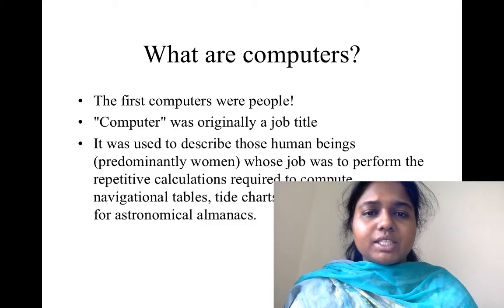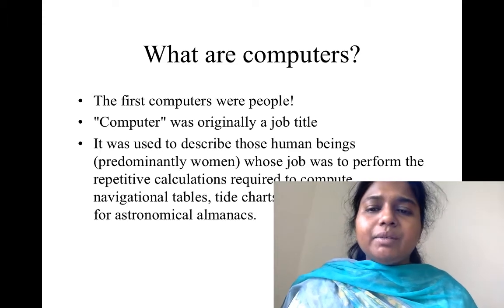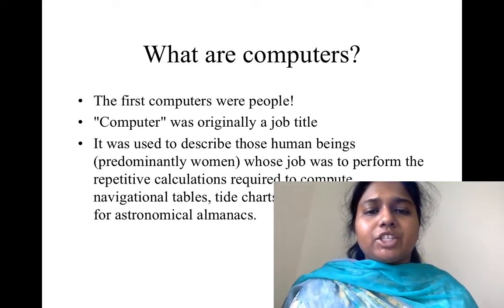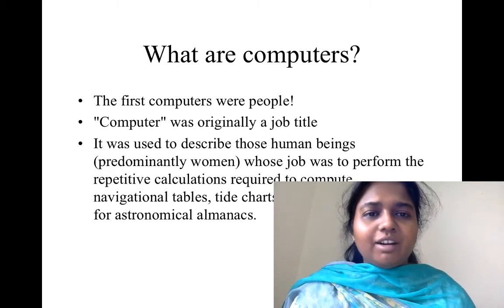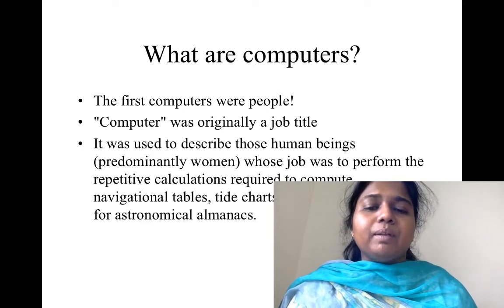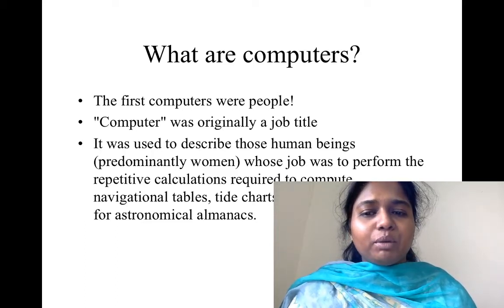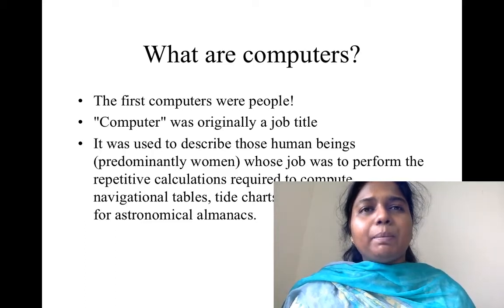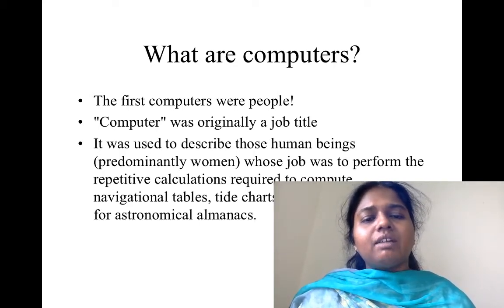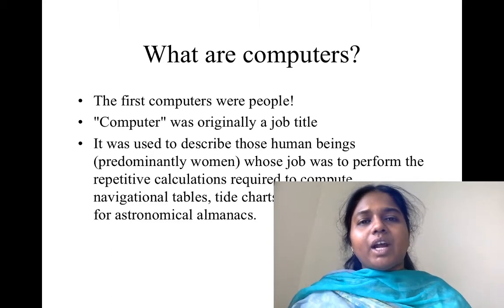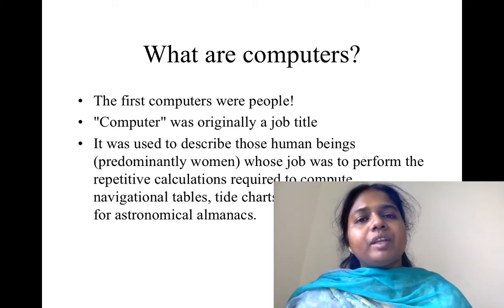What are computers? Initially, when they started, people were actually the computers. Computer was originally a job title and not an object or equipment. It was used to describe human beings who did repetitive calculations they were asked to do and submit the results.